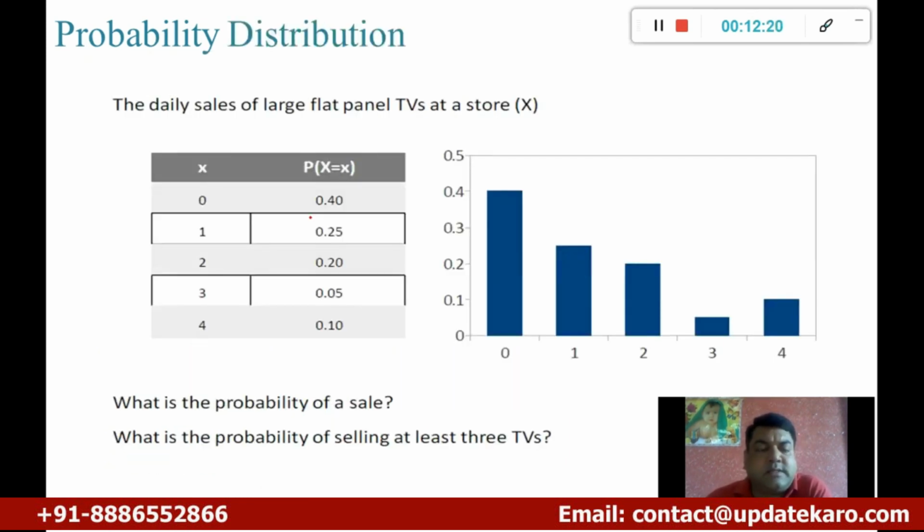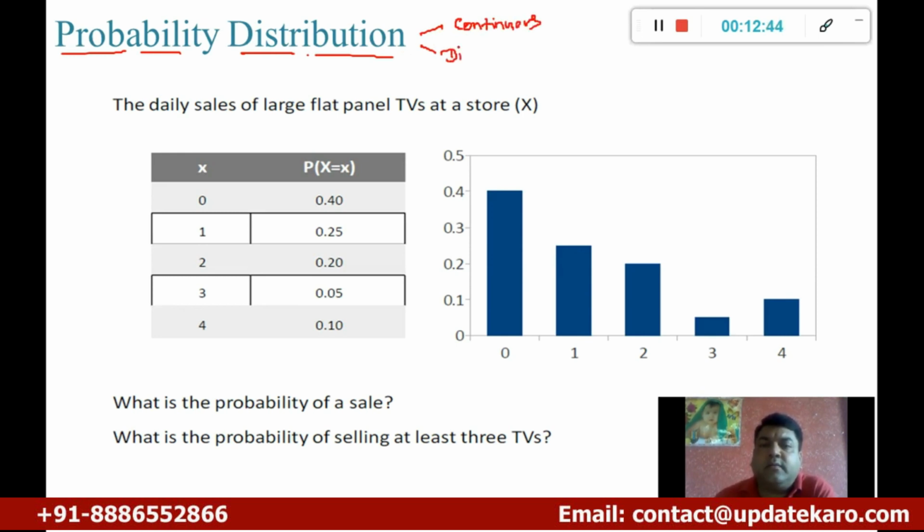Now let us understand something called probability distribution, right? So as we know, there are 2 different broader categories of data, and what are those? The categories of data types are continuous or discrete.